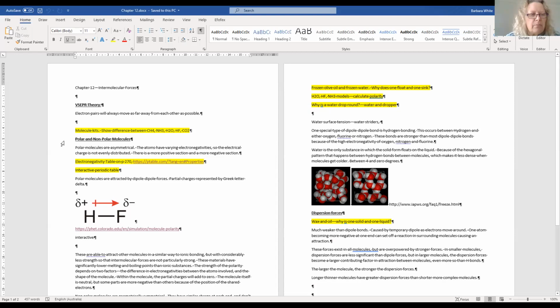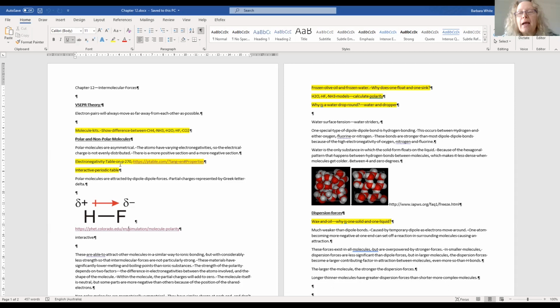And then I've written this bit, polar and non-polar molecules, so you can write that down. Polar molecules are asymmetrical, which means they're not that nice, neat tetrahedron.